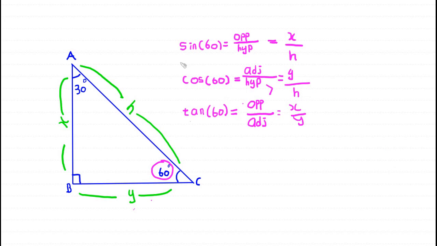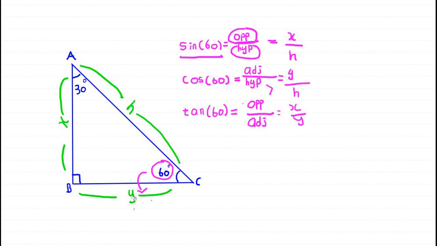So if I review it, sine of something, I just put 60, is equal to opposite side over hypotenuse, which is x over h. And for cosine of something, it will be adjacent side over hypotenuse, the longest side in the right triangle.